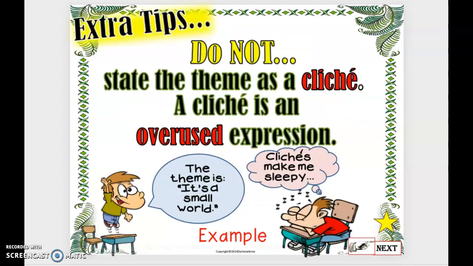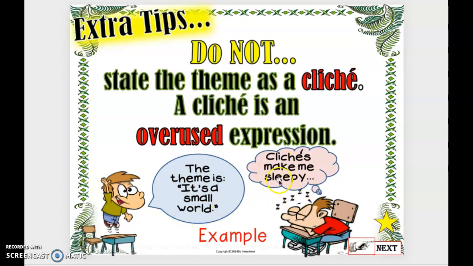What we should not do is state the theme as a cliche. And a cliche is something that you hear over and over and over, something that most people say. It's like a saying, right? So for example, here it says the theme is, it's a small world. That's a cliche. That's something that we've heard of in life.